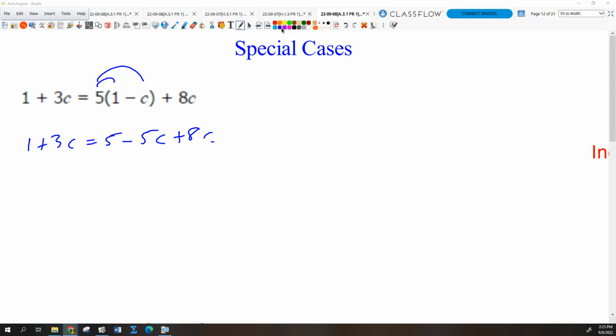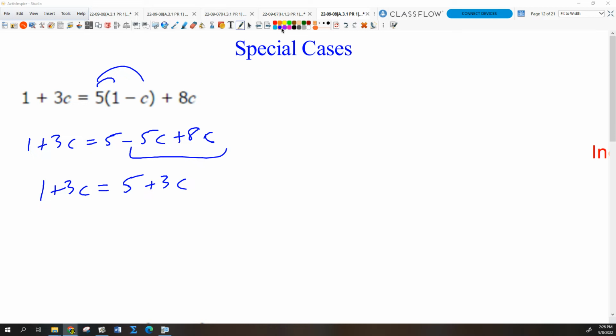Well, I could combine some like terms on the right side. What's negative 5c plus 8c? 3c. So I get 1 plus 3c equals 5 plus 3c. Now what? Ooh, something weird happened.